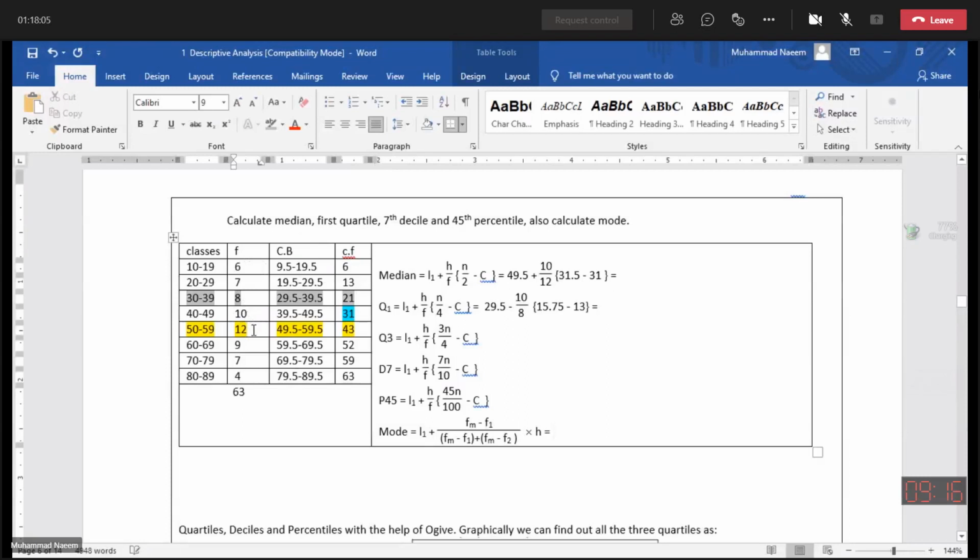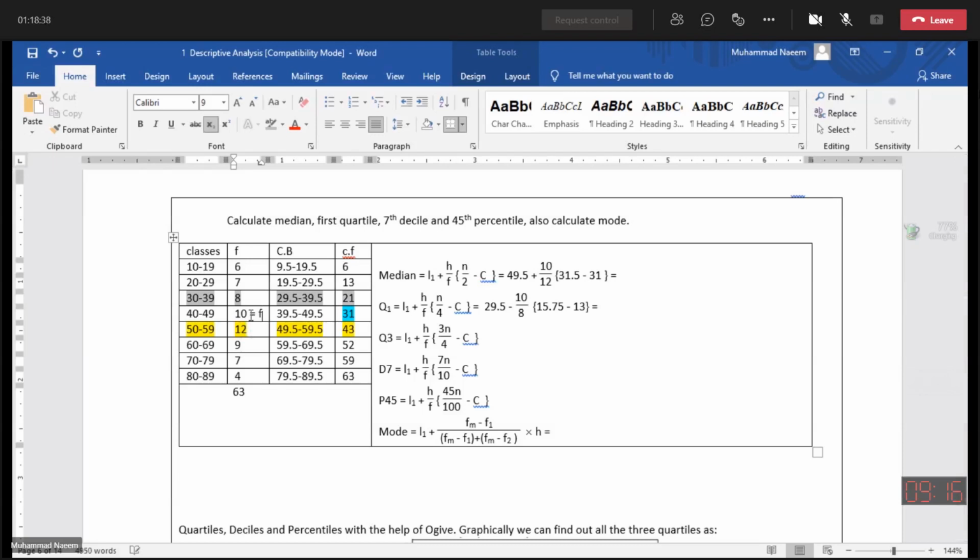Here we have the highest frequency of 12. This is the value of Fm. Remember this one. Above this Fm, we have F1, and below this we have F2.